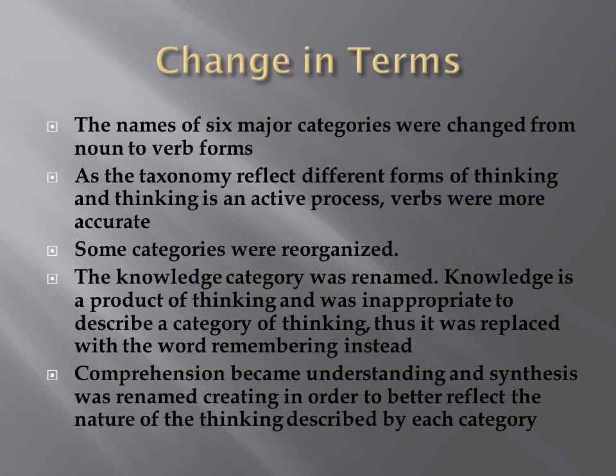Knowledge is a product of thinking, and so it was inappropriate to describe it as knowledge. We really want it to be remembering. So that's why that one was changed. Comprehension became understanding, and synthesis was renamed creating in order to reflect a more descriptive understanding of what that level is.